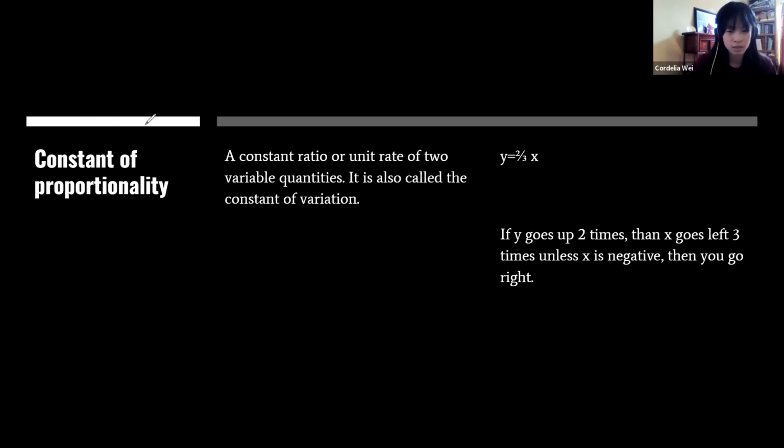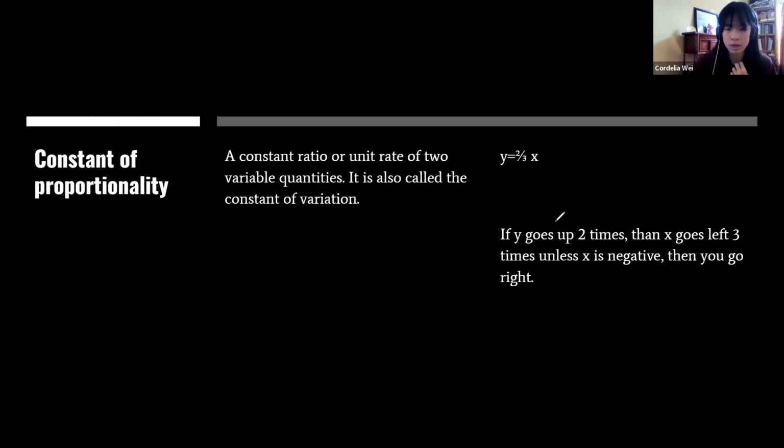So the next word is a little bit of a harder word. It's the constant of proportionality. It's a constant ratio or unit rate of two quantities. It's also called the constant of variation. So a constant ratio would be like y equals 2/3 of x.